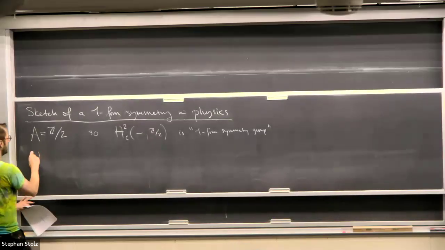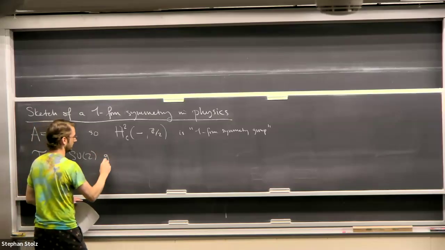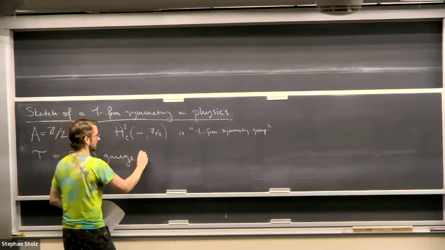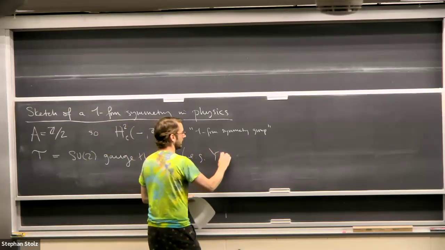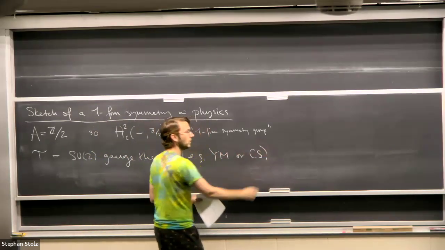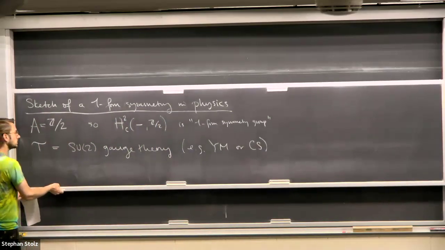So the sort of thing I have in mind is T is an SU2 gauge theory. So, for example, if you think about Yang-Mills.